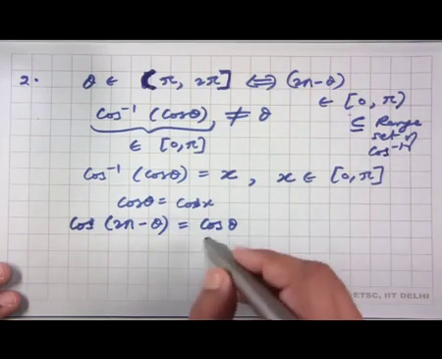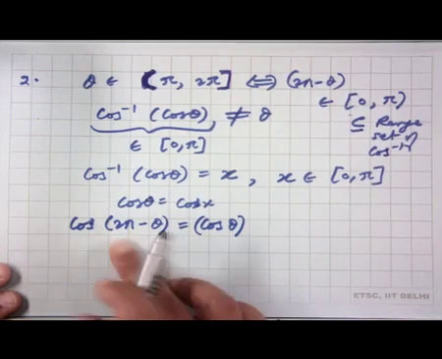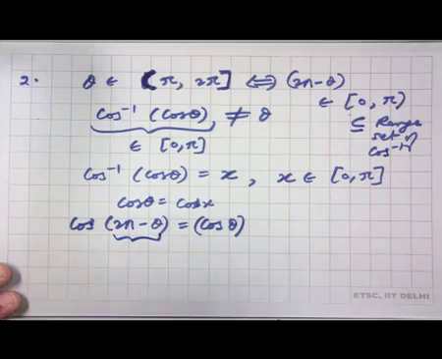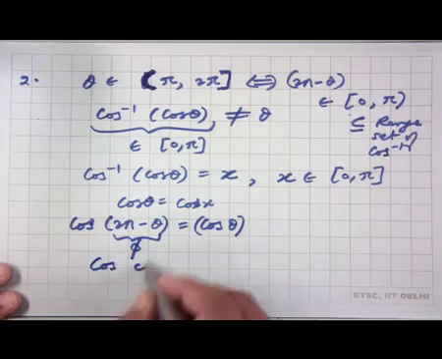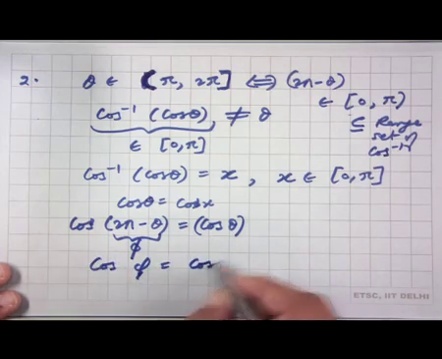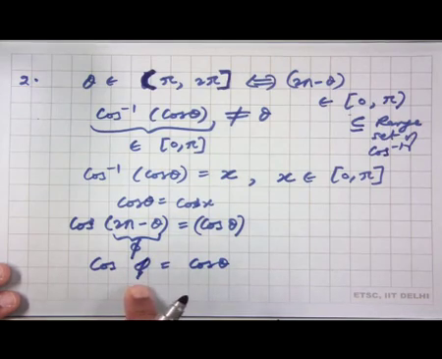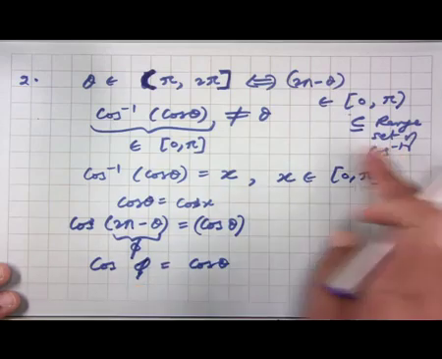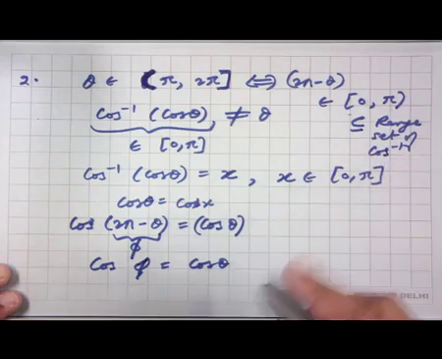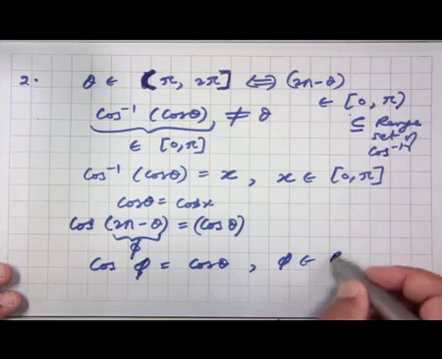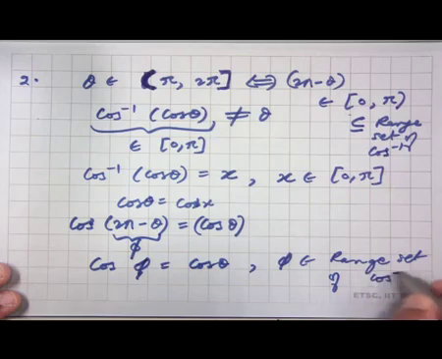So, what we have here is an angle 2 pi minus theta. Let us say this is phi. So, we have cos of phi is equal to cos theta, and we know that this phi, which is 2 pi minus theta, belongs to the range set of the cos inverse function.